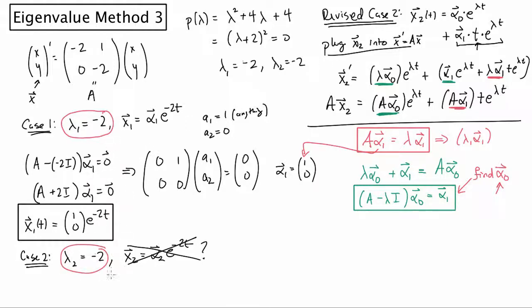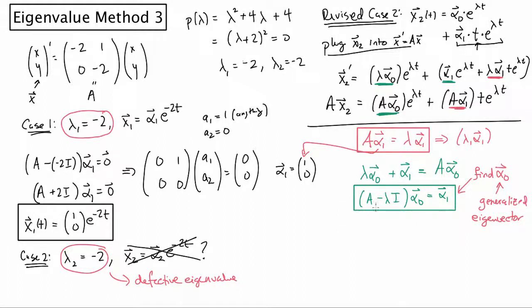In order to find a complete set, I have to generate a second eigenvector, and the one we're generating here is called a generalized eigenvector. That's what I'm finding using this formula. What I'm looking for is an eigenvector that points in the same direction as the one I already have, and I'm having to create it.